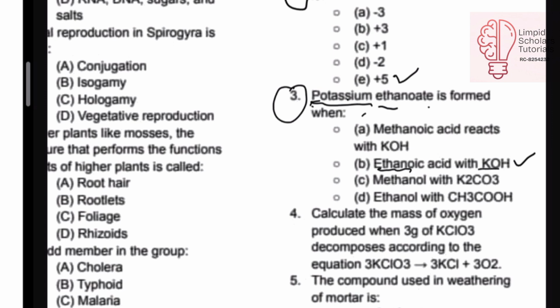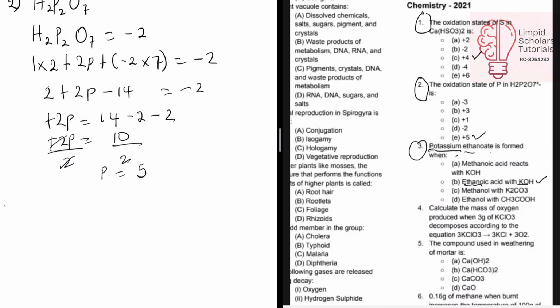So we're going to write the equation of reaction, which is ethanoic acid. That is number 3. We have CH3COOH plus KOH will give us CH3COOK plus H2O. I would like to chip in that this is not an esterification reaction. Instead, it's a neutralization reaction.